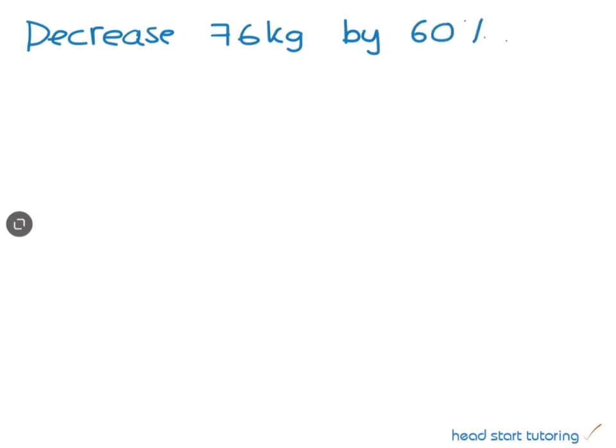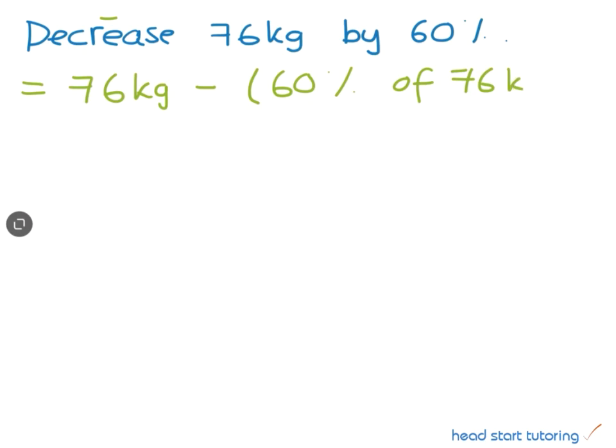If we would like to decrease 76 kgs by 60%, we need to work out 76 kgs minus, because we are decreasing, and then we open our brackets and put in our 60% of 76 kgs.